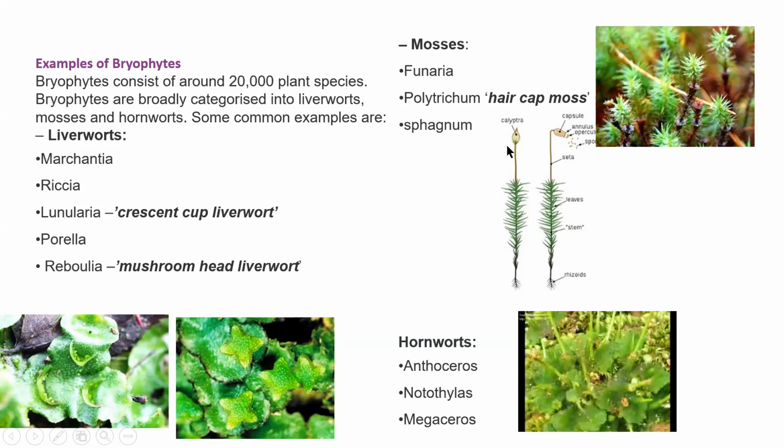Then you can see the sporophytic part of the life cycle, which is attached to the gametophyte. In Anthoceros also you can see the sporophyte attached to the gametophyte. The only difference between these three, liverwort, hornwort and moss, is that in moss you can see a slightly differentiated vegetative structure into root-like, stem-like, and leaf-like structures.